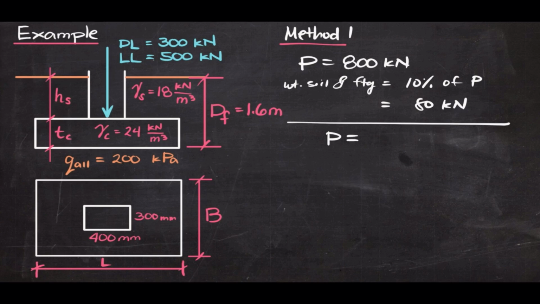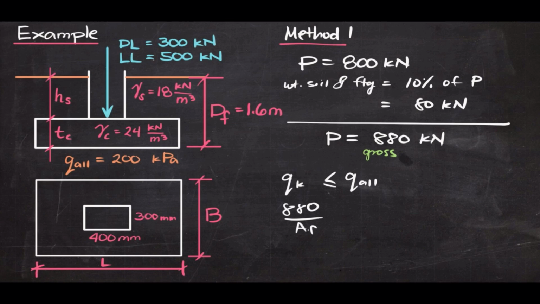Adding all of that, P now would be 880 kilonewtons. Now, this is a gross load because this includes the weight of the footing and soil. What I'll do is I'll compare that with whatever is my allowable load. So I have 880 over the area of the footing must be less than or equal to the original 200.